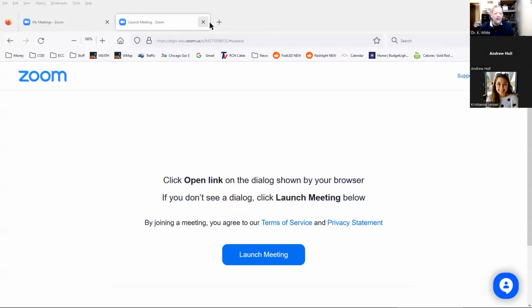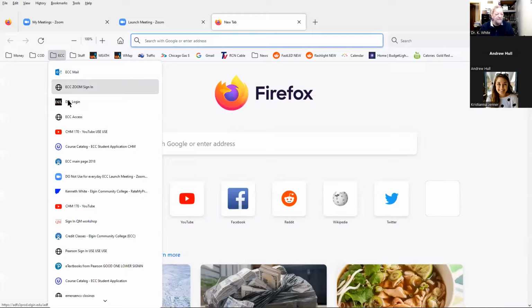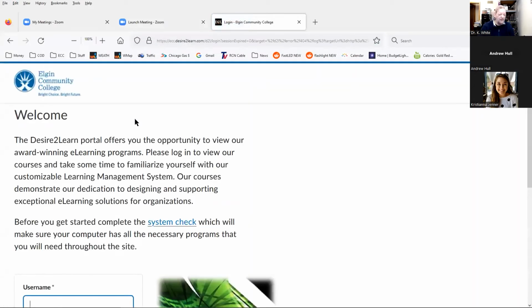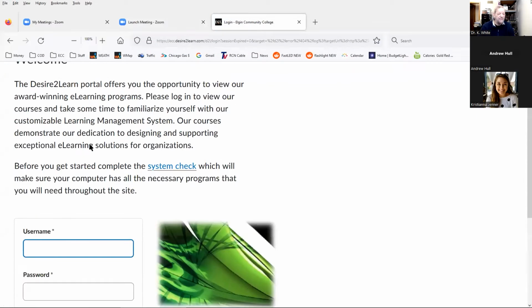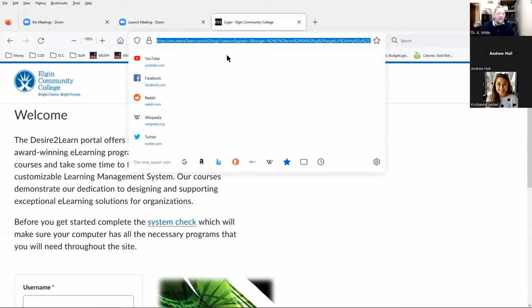All right, got a lot to do. So let's start by opening up D2L. Let me log into it. All right, why is this doing the wrong login?